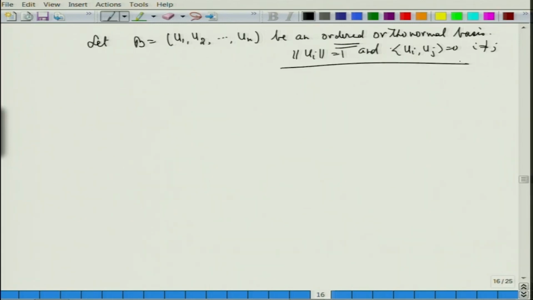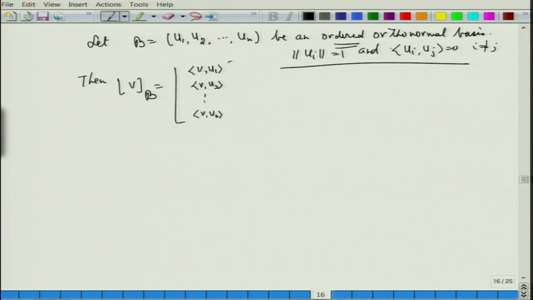Ordering is given to me, and orthonormality means length 1 and perpendicular. All of this is given to me. Then if I want to write v with respect to B, this is nothing but the inner product of v with u1, the inner product of v with u2, up to v with un.